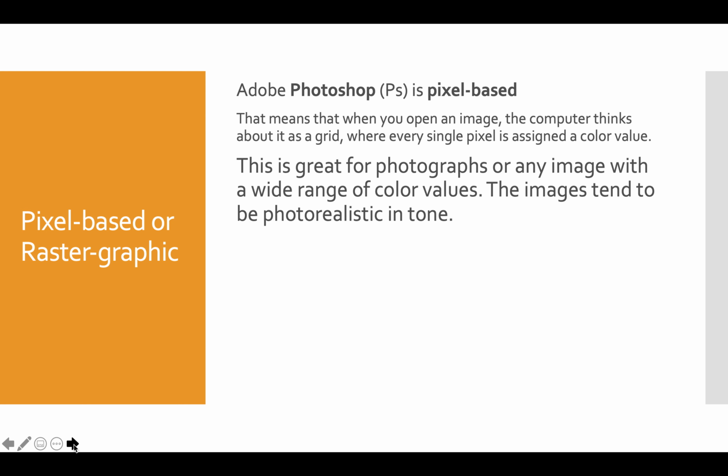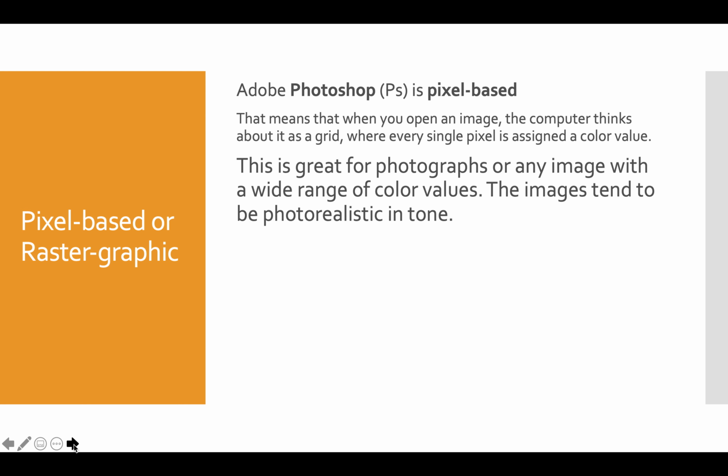What these pixel-based editing programs do is they fill in that whole grid. And the higher the resolution, the more pixels you have in your grid, the finer the details are in your final product. So they're great for photographs. They're great with anything that has a wide range of color values.